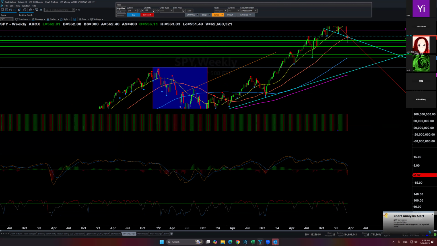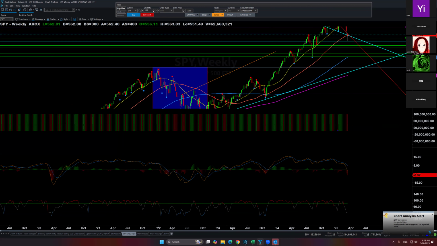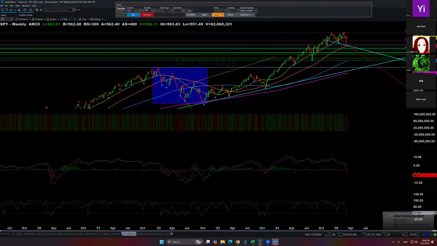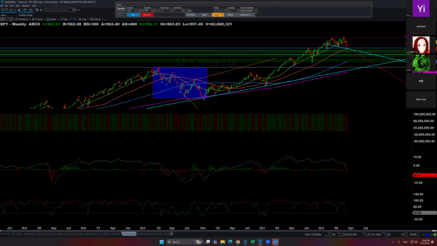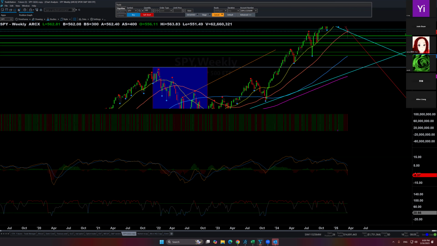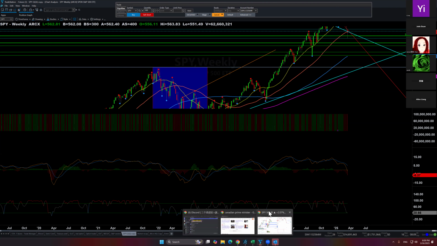So in a bigger drawdown, usually that's where it gets tested. However, we could start rallying from here. So I want to show you a quarterly chart, and then I will explain my level even better. Here.